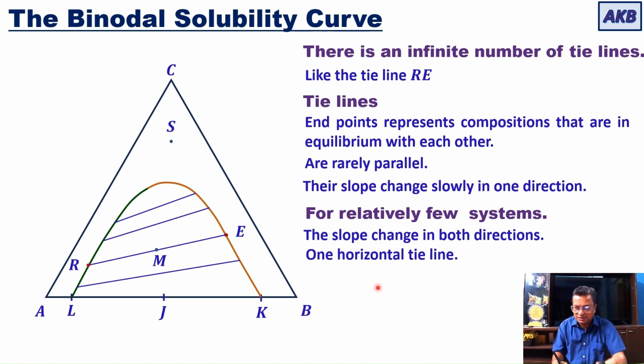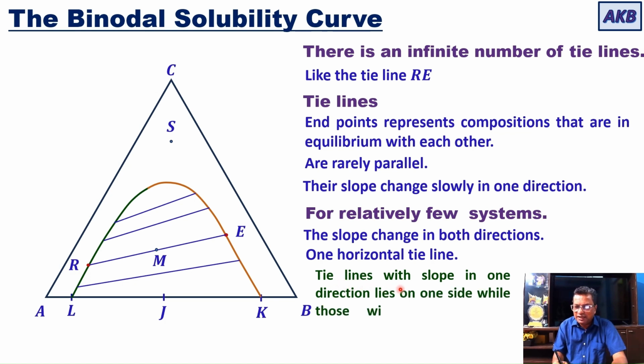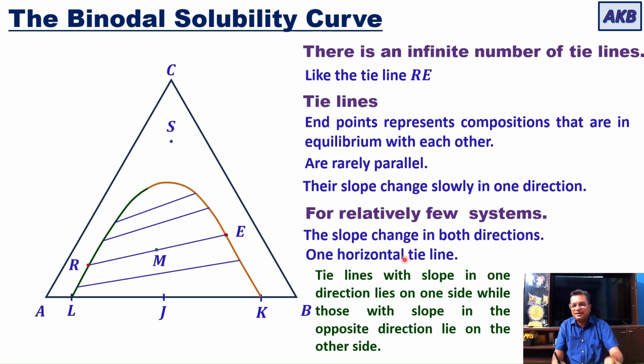In that case, there will be one horizontal tie line. And what is the significance of this horizontal tie line? This tie line separates tie lines with slope in one direction and tie lines with slope in the other direction. That means on one side of the horizontal tie line, we will have tie lines with slope in one direction, whereas on the other side, we will have tie lines with slope in the opposite direction. So the horizontal line separates tie lines of slopes in different directions.